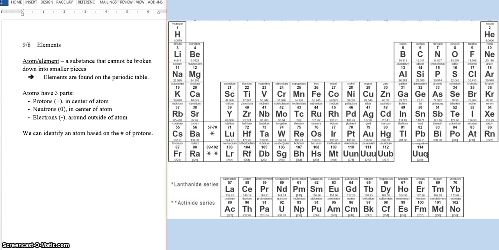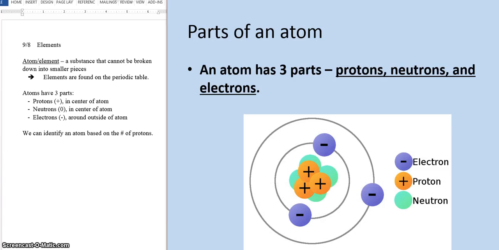If we look at the periodic table again, we can see that hydrogen's atomic number is 1, helium has an atomic number of 2, lithium is 3, beryllium is 4, boron's 5, carbon is 6, and so on. The atomic number again tells you the number of protons. So this is a great way to identify and organize atoms because no two of them are going to be exactly the same.